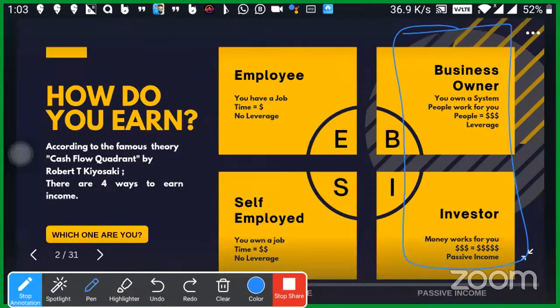In Royal Q, we have this opportunity to earn as an investor, and we can also build a team and leverage their time, their effort, and their capital, and earn like a business owner.